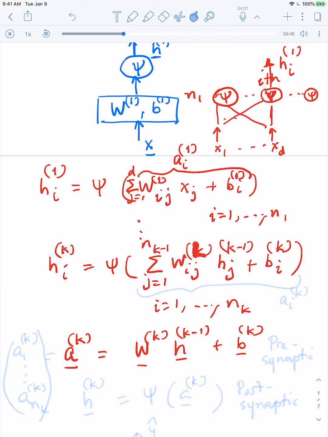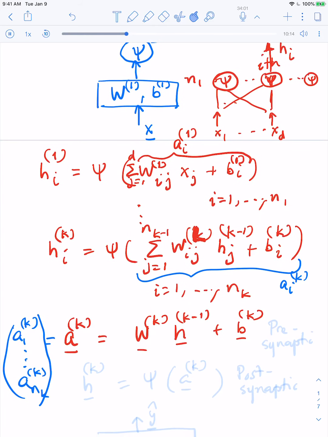Let me change pen color to show you. Essentially, this business is what I'm calling a_i^k, and a^k just collects all of these into one vector. So let me write that down: a_1^k down to a_{n_k}^k, right? That's your linear transformation of the previous layer.